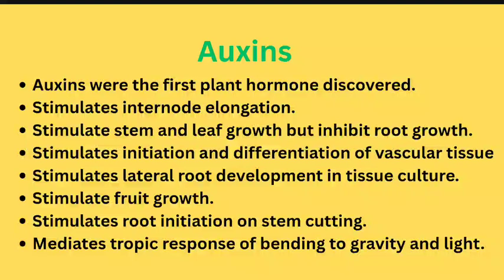It stimulates stem and leaf growth but inhibits root growth. Okay. It stimulates initiation and differentiation of vascular tissue. What is vascular tissue? Vascular tissue is basically xylem and phloem, and the formation and differentiation of xylem and phloem is due to auxin.